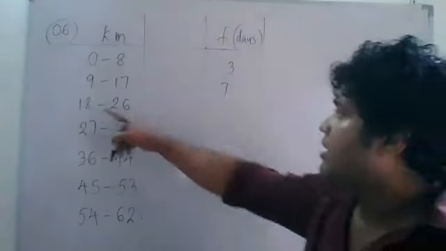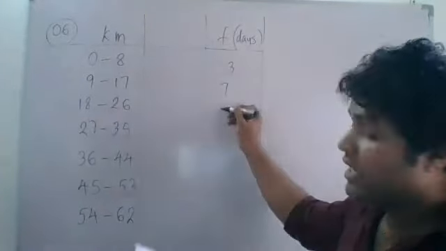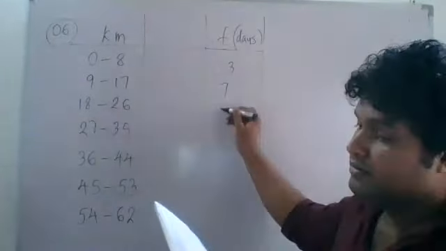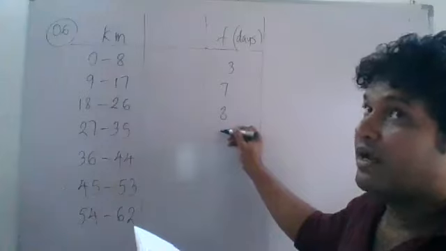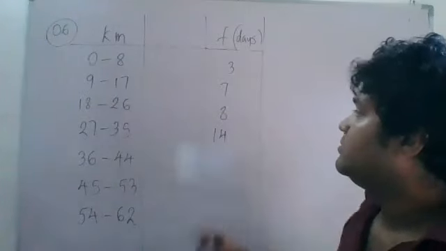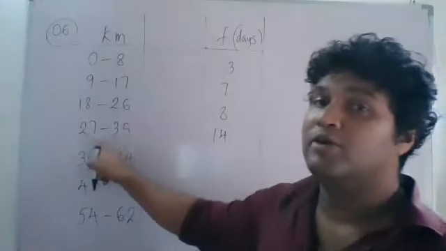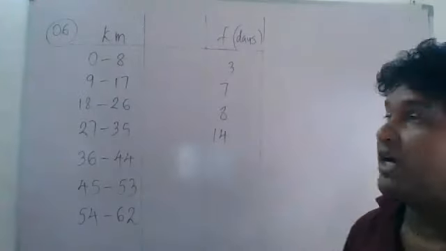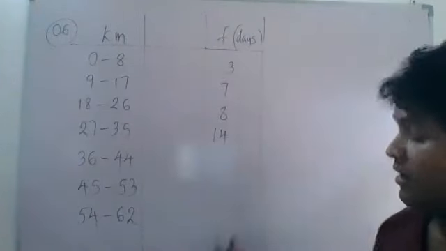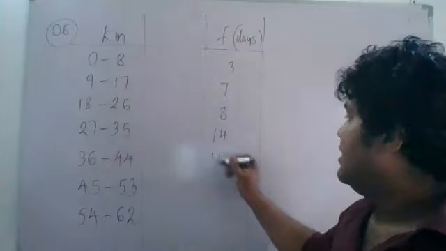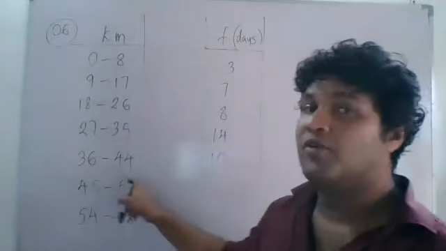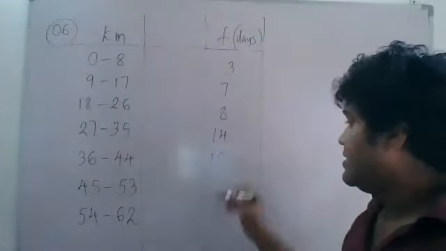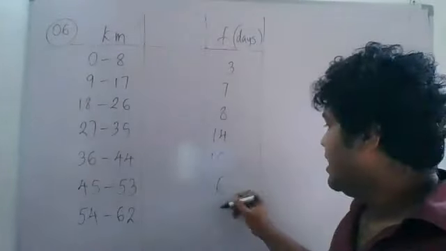Between 18 and 26 kilometers there are 8 days, between 27 to 35 kilometers there are 14 days, between 36 to 44 there are 10 days, and 6 days and 2 days, and the mid value is x.